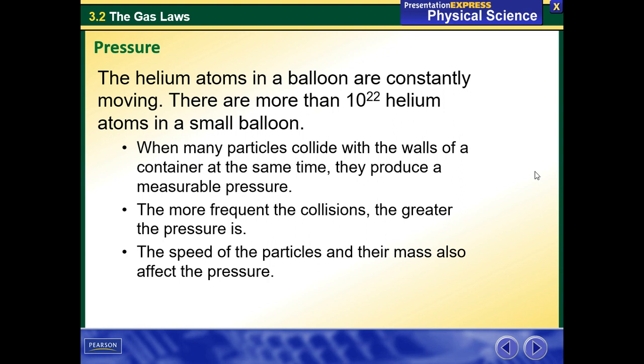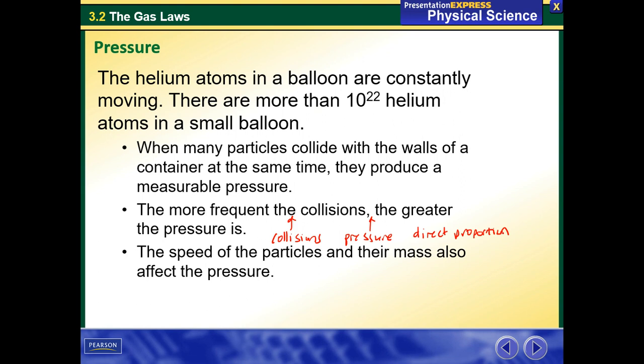The more frequent that they collide, the greater the pressure is. So on this sentence, we need to understand that if our collisions increase, my pressure also increases. So again, this is a direct proportion.